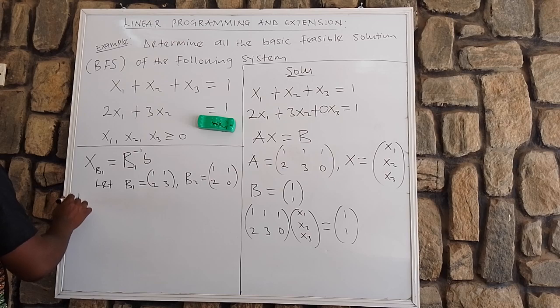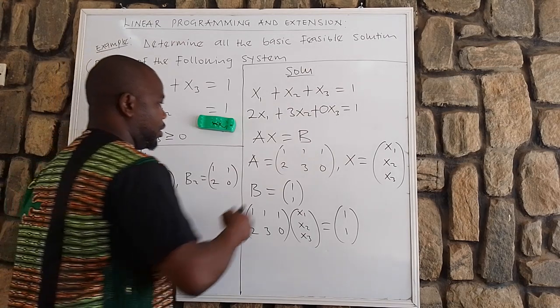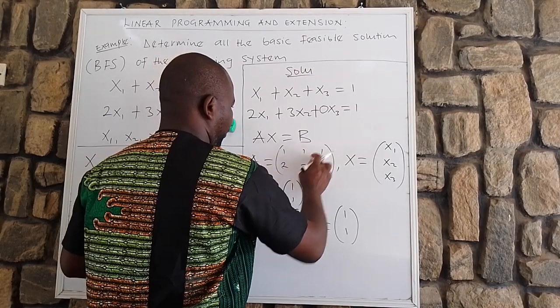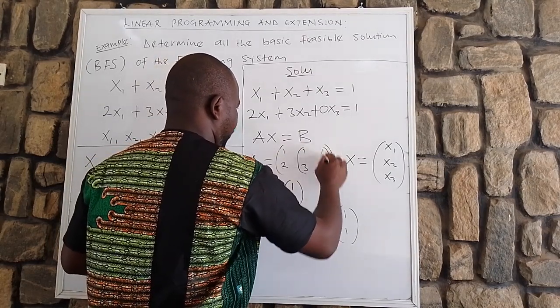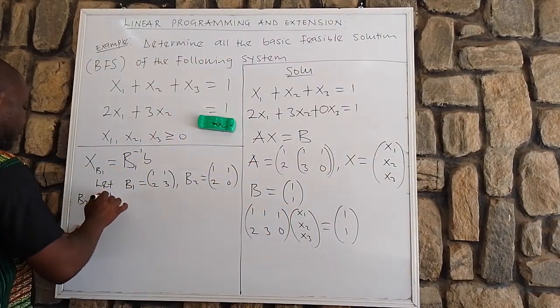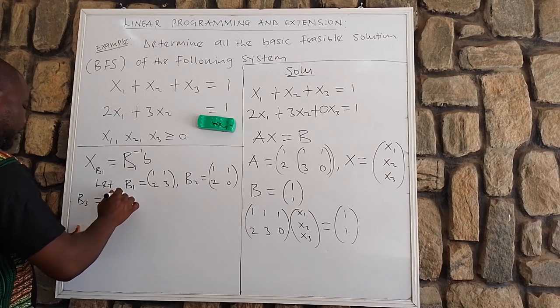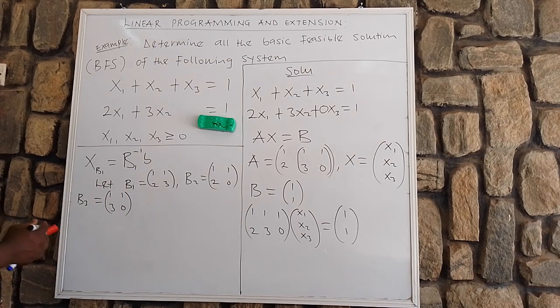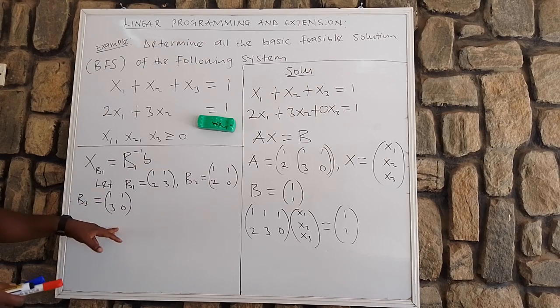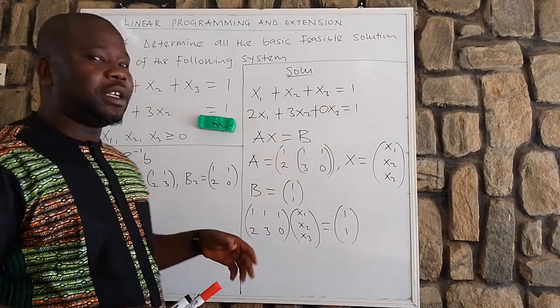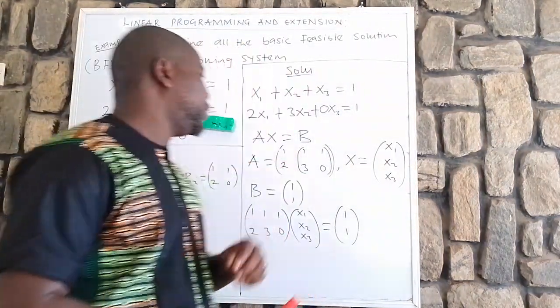Our B3 will now be equal to, we are going to take this 1, 1, 3, 0. So now it means we are going to look for XB1, XB2 up to XB3. Is that clear? Simple as ABC.